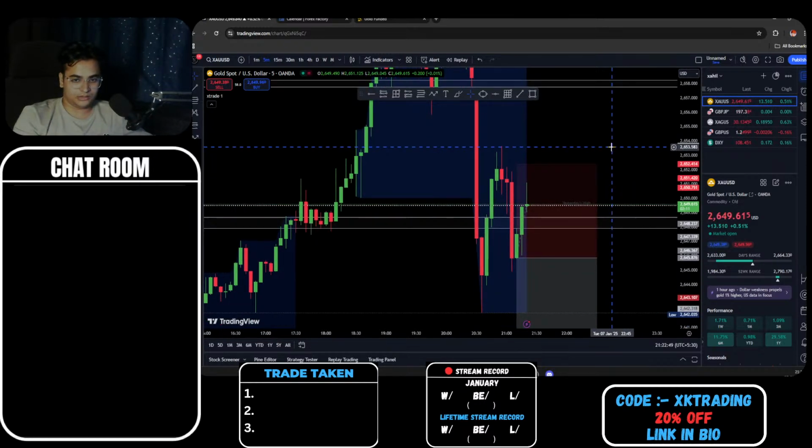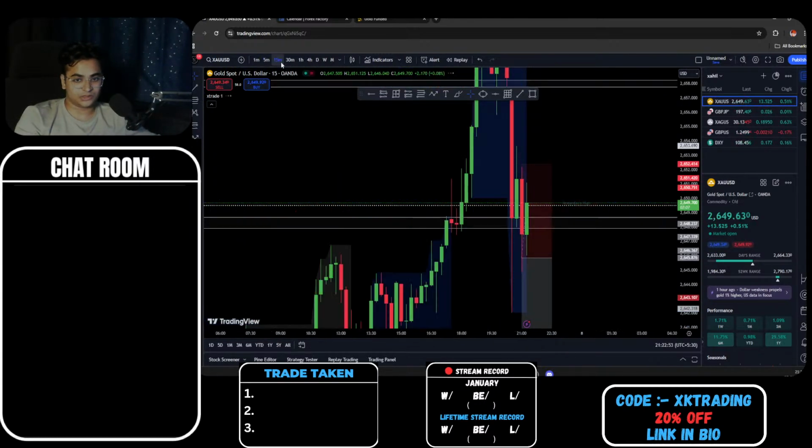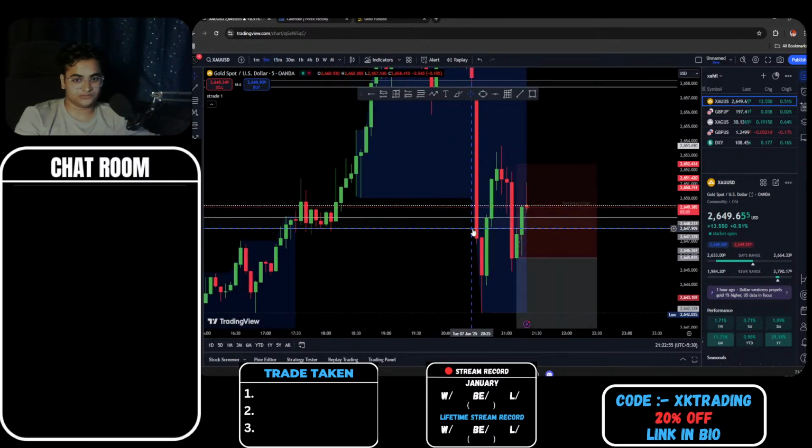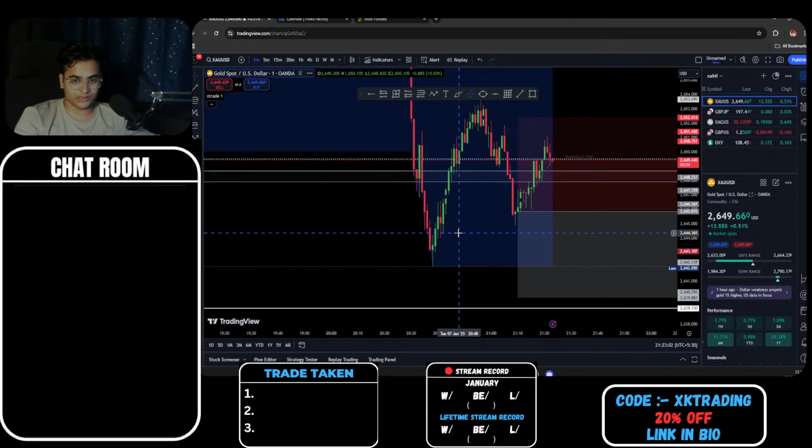We are coming back. Price is rejecting, but still, to be honest, we cannot trust that, right? Because this 5-minute candle was doing crazy things, and we were not able to see how it will be moving.